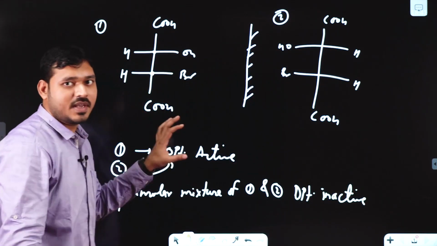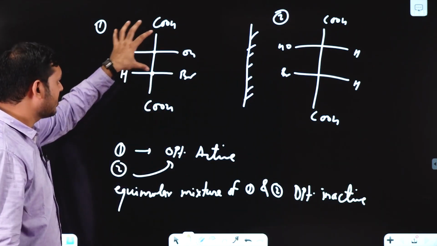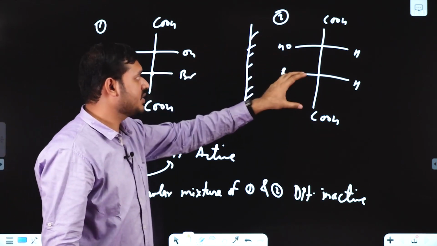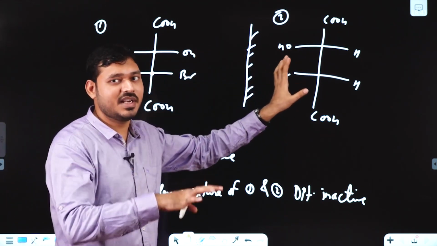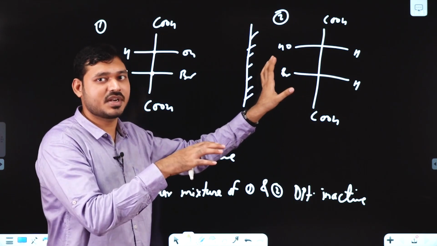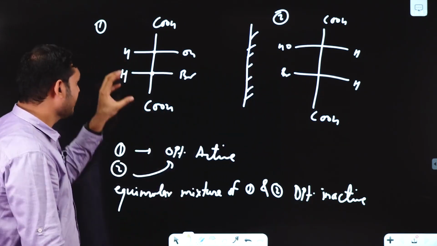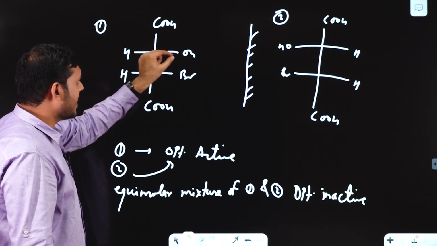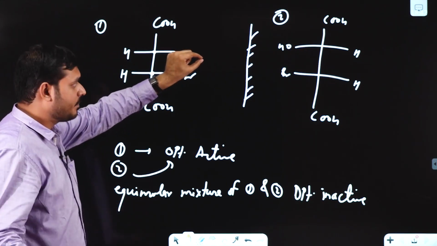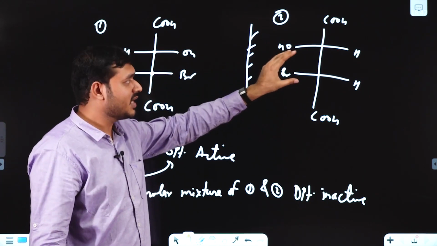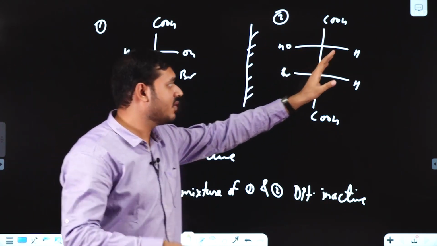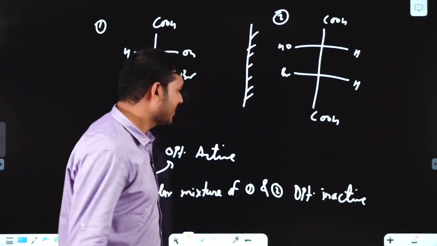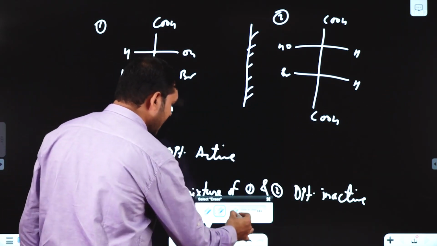Why? Because if the net rotation through this molecule will be angle theta, then the net rotation through this molecule will also be angle theta, but in opposite direction. For example, PPL passes through molecule 1, light rotates by 30-degree angle clockwise. Now it passes through this, light rotates 30 degrees but anti-clockwise. Now the observer observes that there is no rotation at all. Clear?